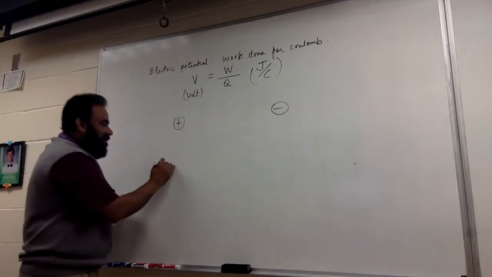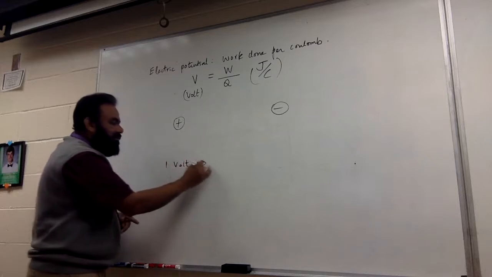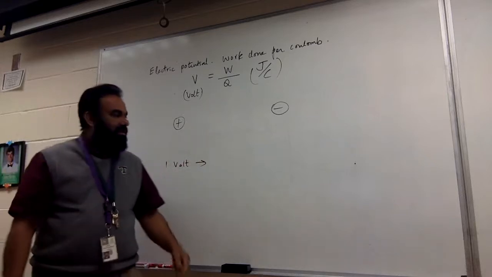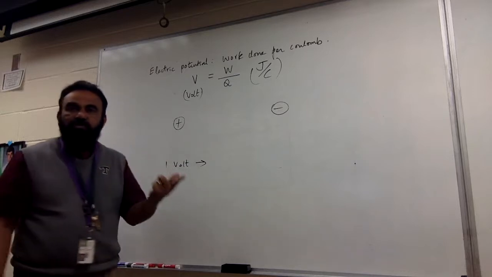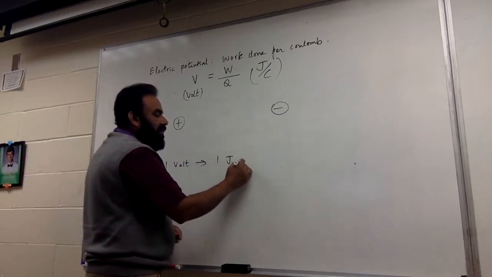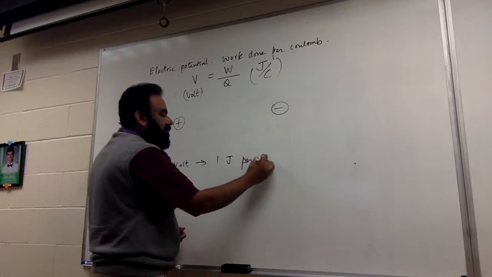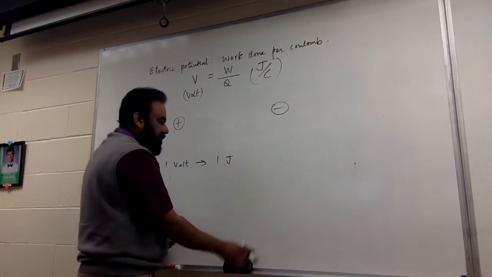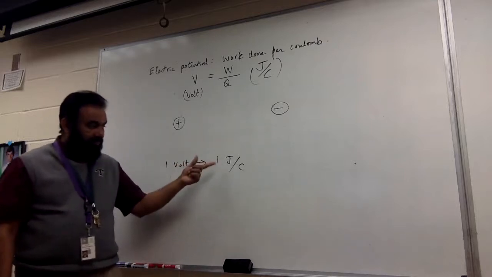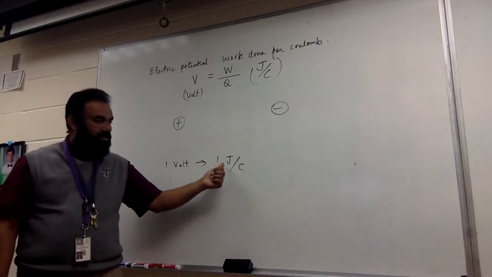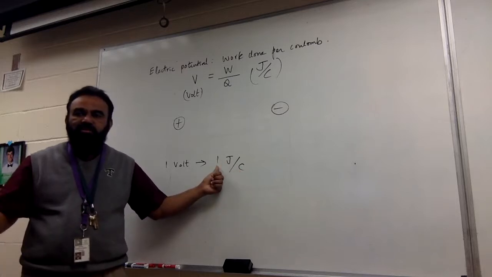So what do you mean by 1 volt? It means 1 joule required to transport 1 coulomb. That's what it means. 1 joule per coulomb. To transport one coulomb, how much energy do you need to spend?